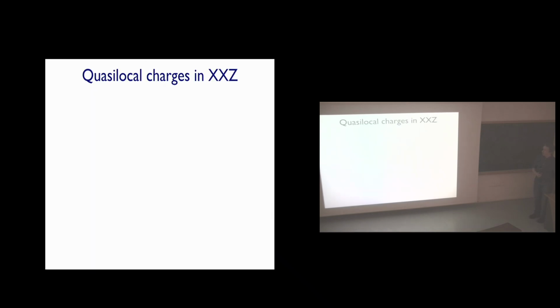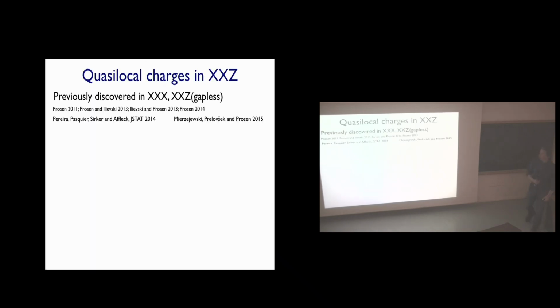And this is something that I'll just very quickly mention. In these spin chains, of course, I can write conserved charges of increasing complexity. And given these charges of increasing complexity, I can ask the question, where does this stop?